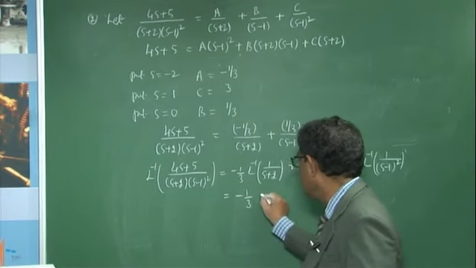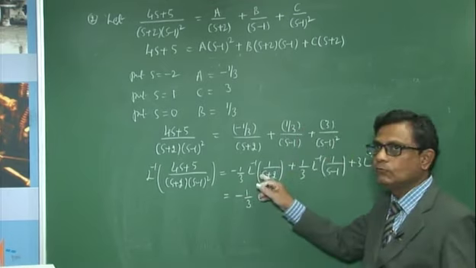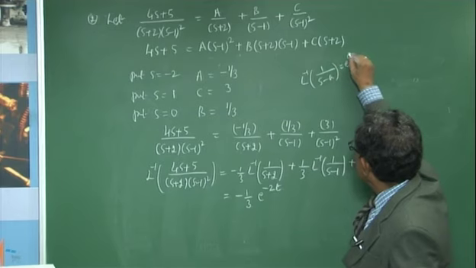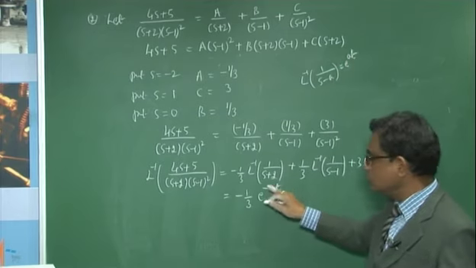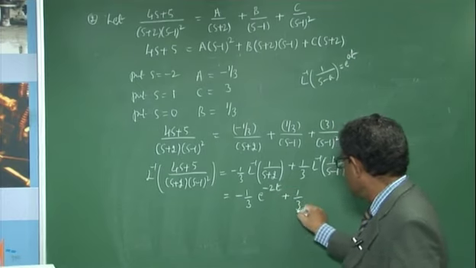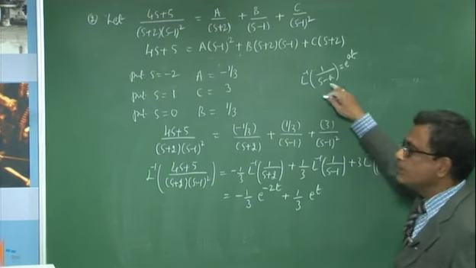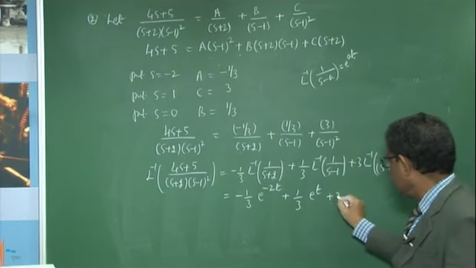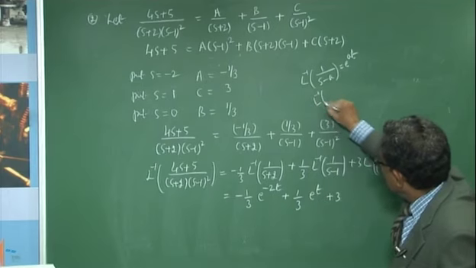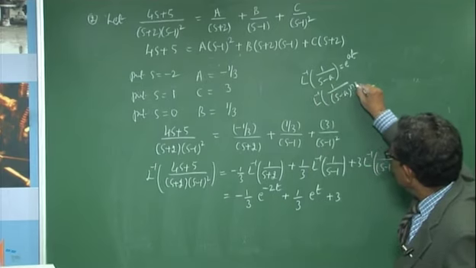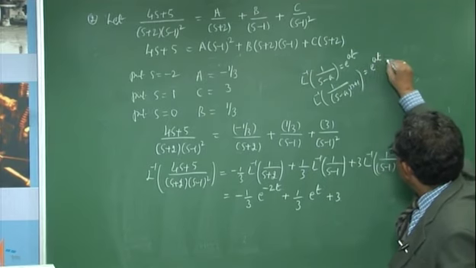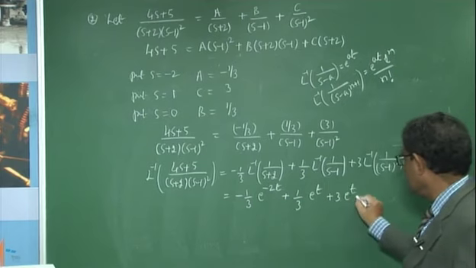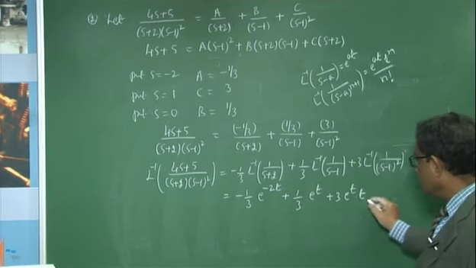As I told you, you have to remember the formula: L inverse of 1 divided by (s − a) is e^(at). Here a is −2, giving e^(−2t), plus 1/3 e^t. For the last term, L inverse of 1 divided by (s − a)^(n+1) is e^(at) t^n / n!. Here a is 1, so e^t times t divided by 1 factorial, which is 1.